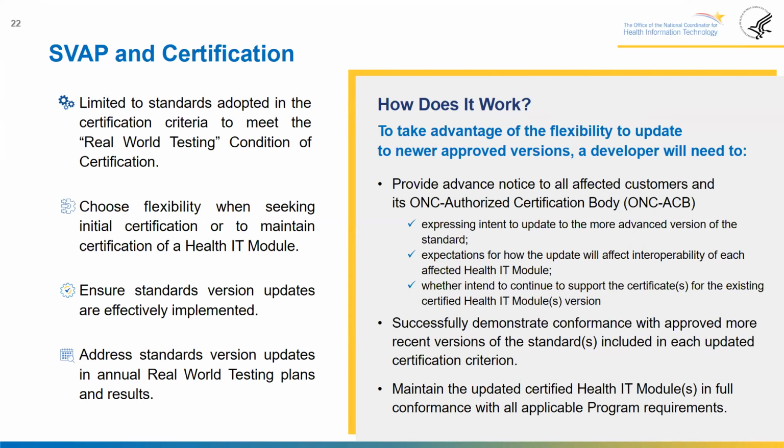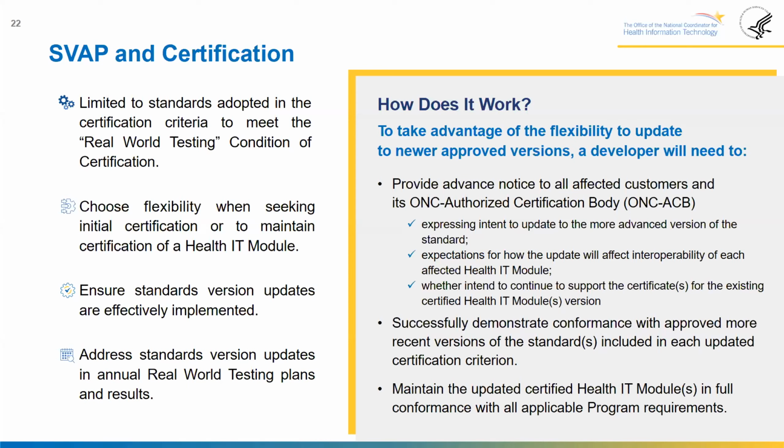Taking a deeper dive on the right into the conditions that need to be met to take advantage of the SVAP flexibility, health IT developers updating their already certified health IT modules are also required to provide advance notice of their plans and anticipated impact to both their affected customers, as well as to their ONC authorized certification body, or ONC ACB, with the end goal of giving customers ample advance notice to ask questions and plan for updates.